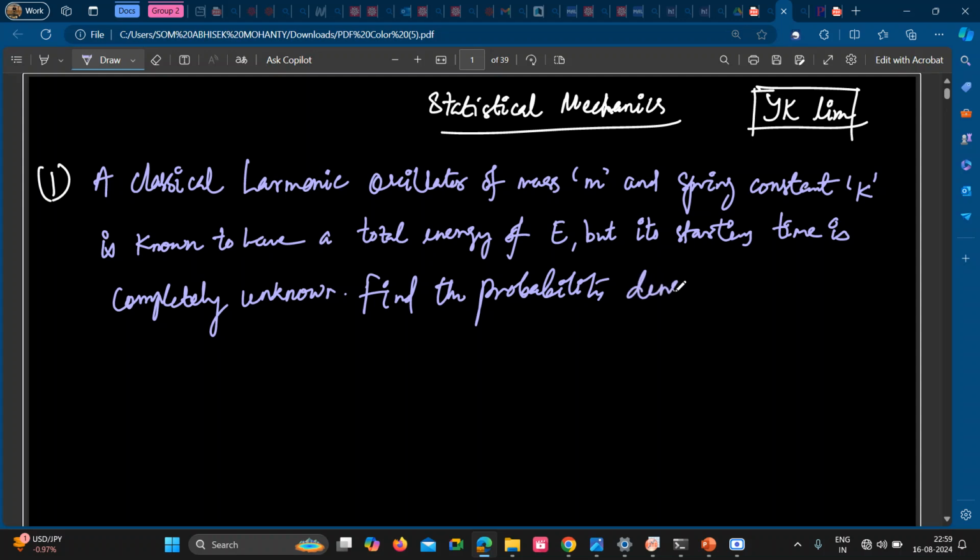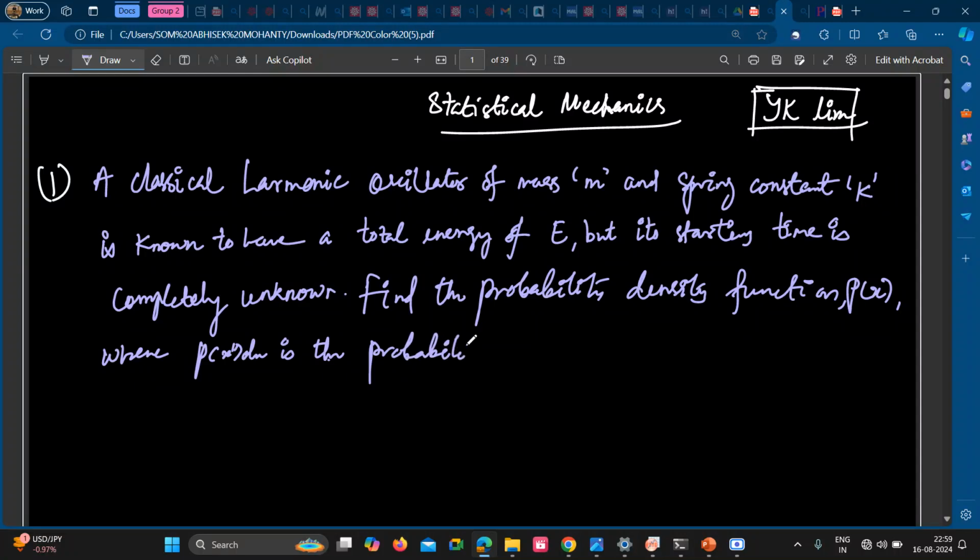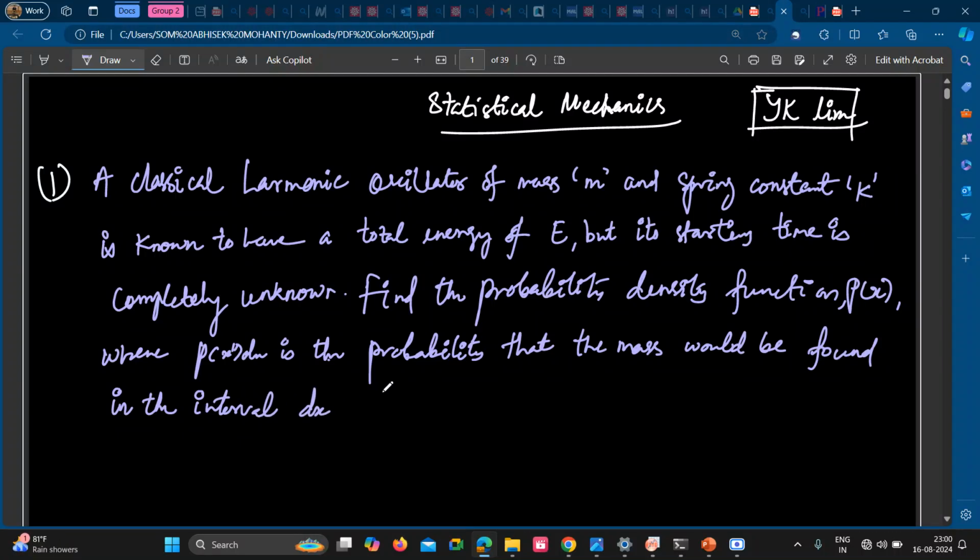Find the probability density function, that is P(x), where P(x) dx is the probability that the mass will be found in the interval dx at x.